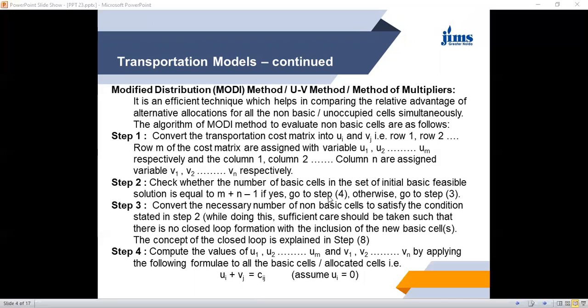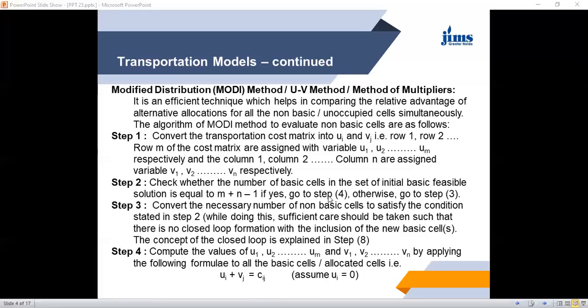So, if the number of occupied cells is less than m plus n minus 1, then we make it equal to m plus n minus 1 by making an infinitesimally small allocation, say epsilon, in some of the unoccupied cells, while taking care that there is no closed loop formation with the inclusion of these new basic cells.